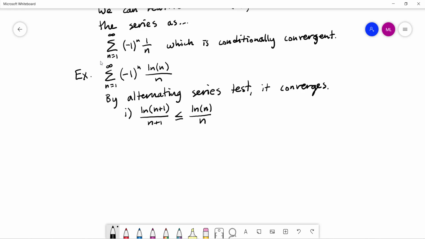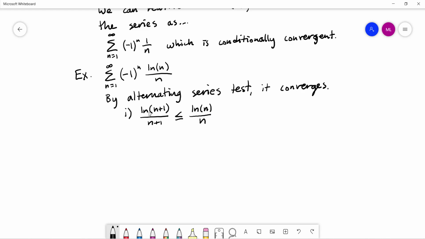This can be verified basically graphically. All we're checking is that basically the natural log of x over x, check to see if that function is an increasing function or a decreasing function. That's essentially all we're looking at. Is this piece increasing or decreasing as n increases? And it turns out it is decreasing.